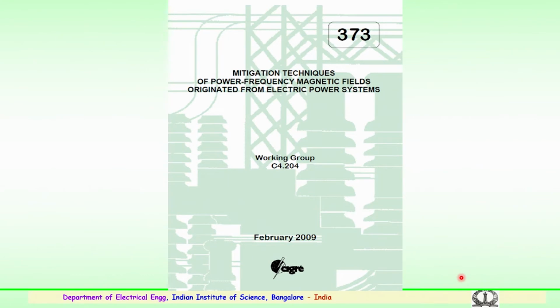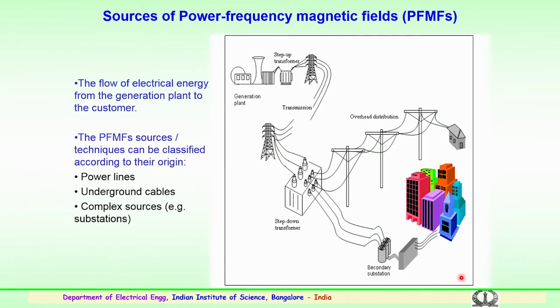This working group C4.204 has suggested some mitigation techniques, particularly for personnel working in the utilities and substations. Under the regulations framed, the magnetic and electric fields have to be contained so that there are no harmful effects to the humans working in the substations.